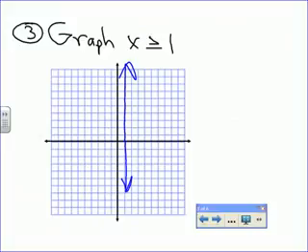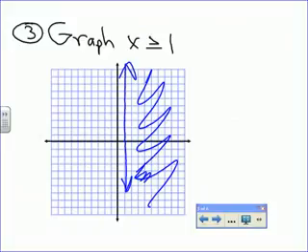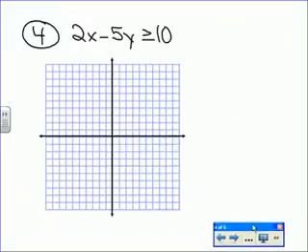And we want to shade all the points where the x-coordinate is greater than or equal to 1. So you'd want to shade over here to the right. Yes, good. All of these points, for example 9, 1, have an x-coordinate greater than or equal to 1.